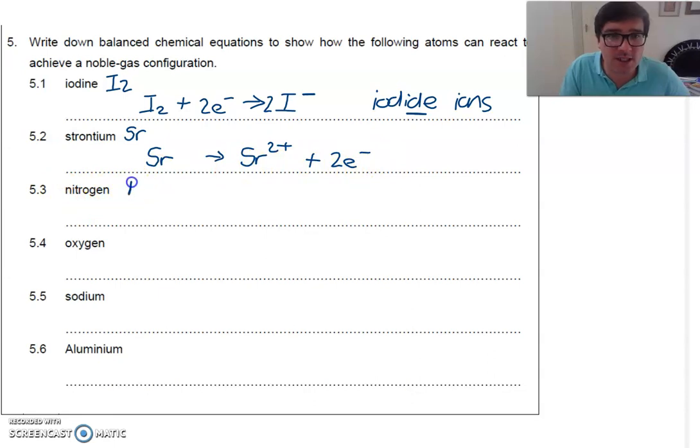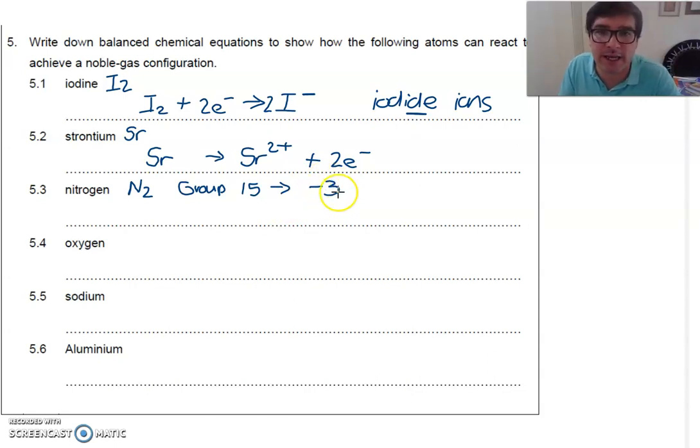Then I've got nitrogen. Now nitrogen, guys, is once again a diatomic element. We find it as N2. So in other words, it's in group 15. Because it's in group 15, what is the charge of a group 15 ion? Okay, it gets a charge of 3 minus. It would have to add 3 electrons to get to -3.